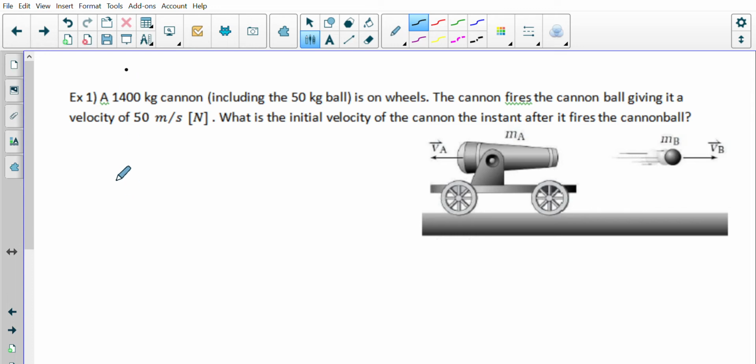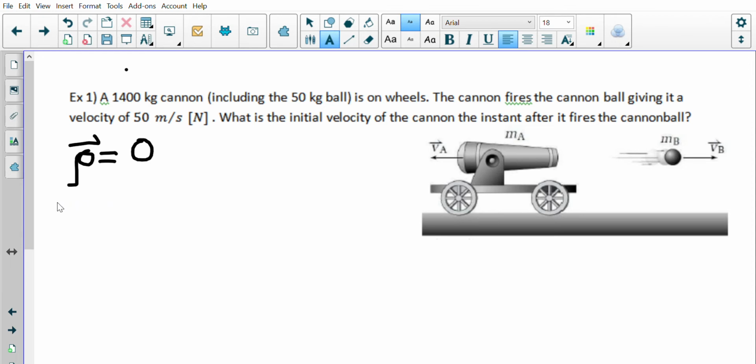All right, now, initially here, our cannonball and cannon are not moving. So regardless of what their mass is, the initial momentum is 0. Now what we're going to find out is our final momentum, which is also going to be 0, but we're going to find that final velocity of the cannon, not the cannonball, but the cannon.